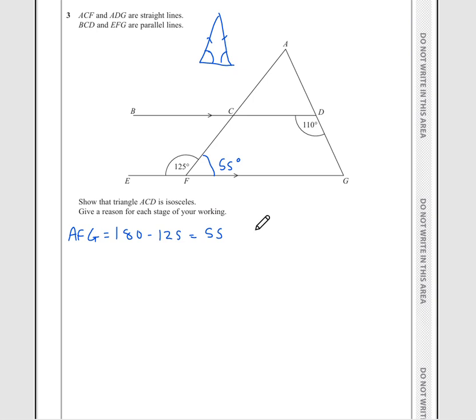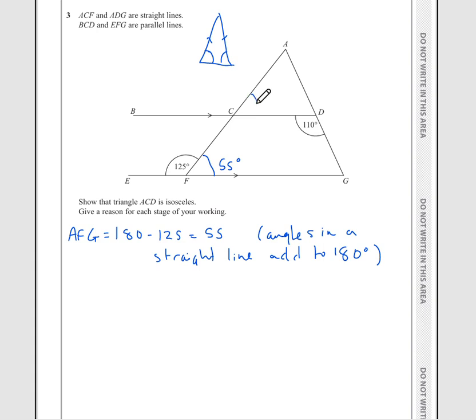Okay, and that's angles in a straight line add to 180 degrees. Okay, so I'm going to work towards finding out some angles in this triangle.